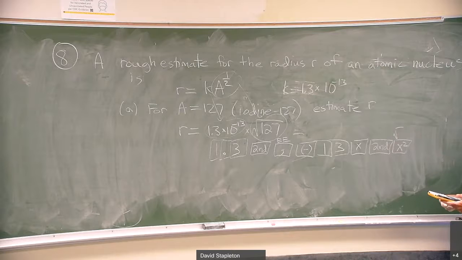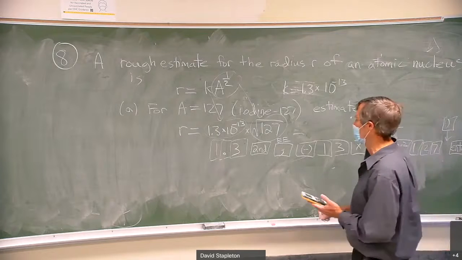Square root of 127. Many of these calculators, you need to close the parentheses here because it doesn't close them automatically, and then you need to push enter. Okay, when I do that, 1.3 square root 127, close. I got 1.4 times 10 to the minus 12.